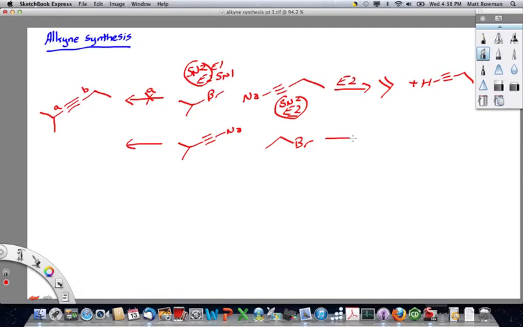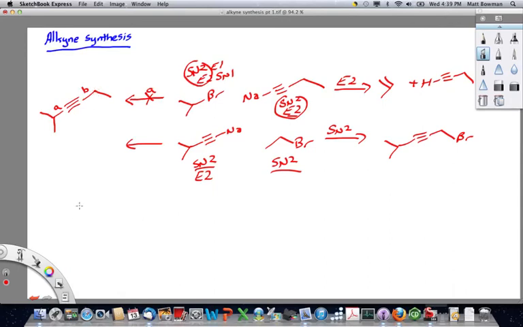This, on the other hand, can do SN2 and E2. This can do SN2. We have agreement. SN2 is going to be the major pathway. So you always want to cut the bond next to the least substituted carbon.